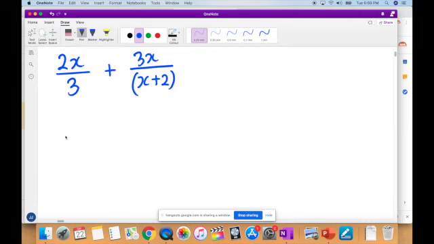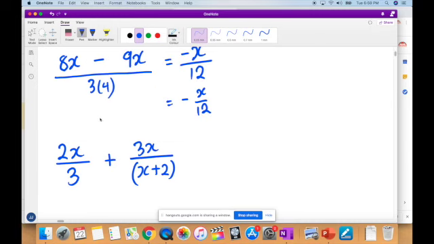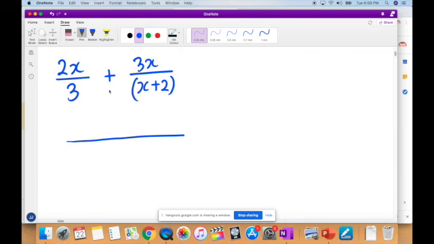Multiply 3 by... So now you see why I didn't multiply out the 3 and the 4 to give you 12. I just leave it as 3 times 4. Because in this case, I could just leave that as 3 into x plus 2. If I expand it and get 3x plus 3 2s are 6, I could do that too, but sometimes leaving it like this is actually the simpler thing to do. Right? So what do I do next?